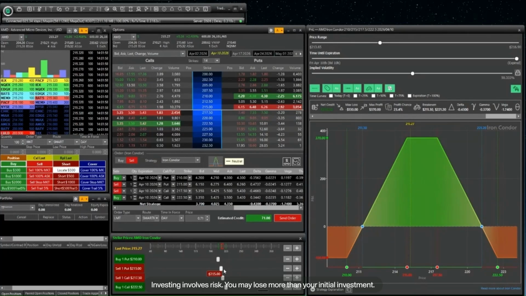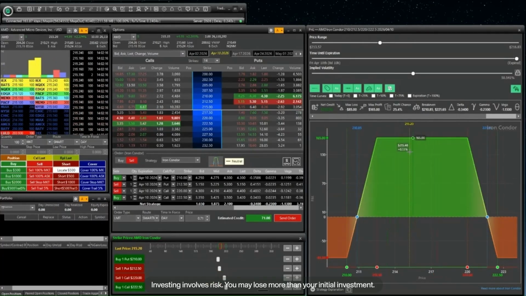If I want to further widen my profit chance, I can try to increase the max profit zone. By increasing the max profit zone, I will decrease the max profit itself, but it could still be worth it. So let's try it. I've increased the max profit zone to be $2.50 to now $7.50 in terms of dollar amount between the max profit low and the max profit high.